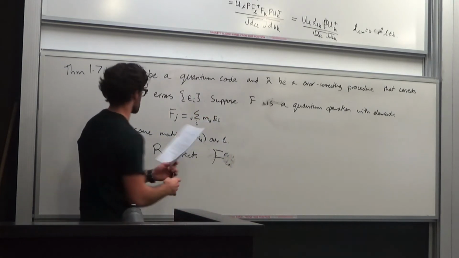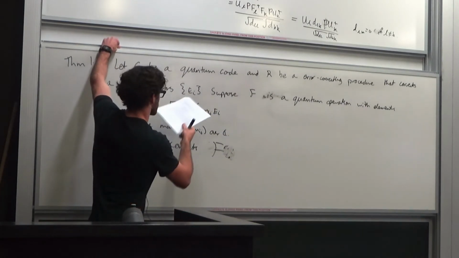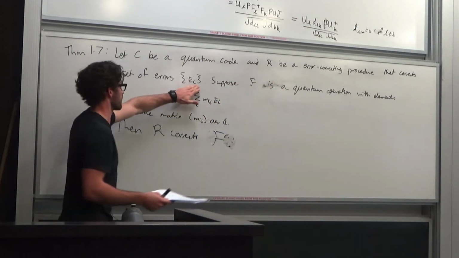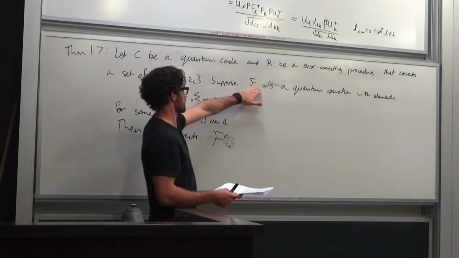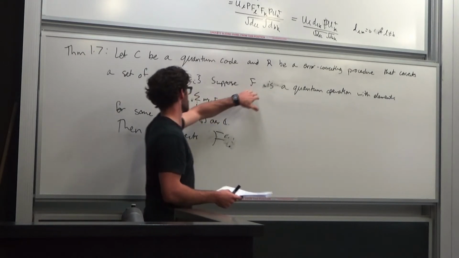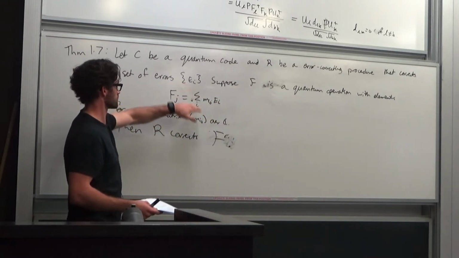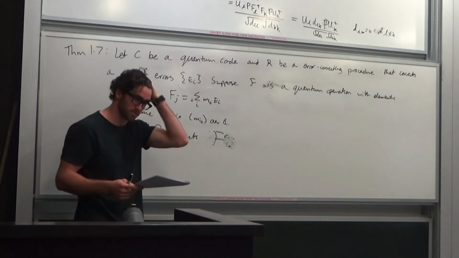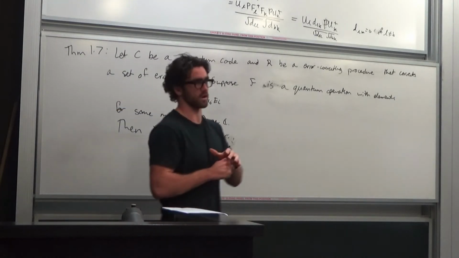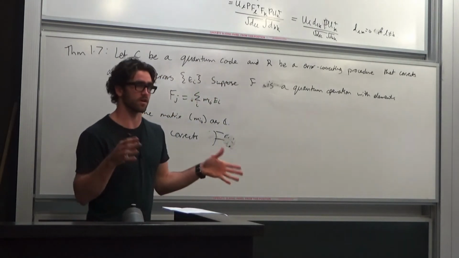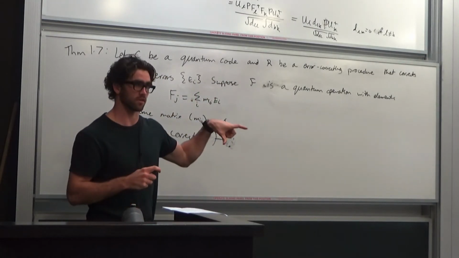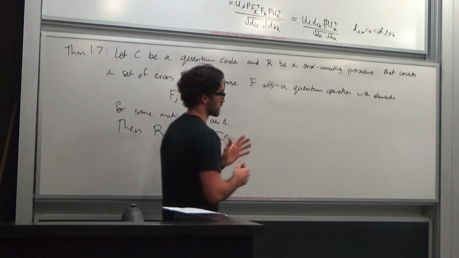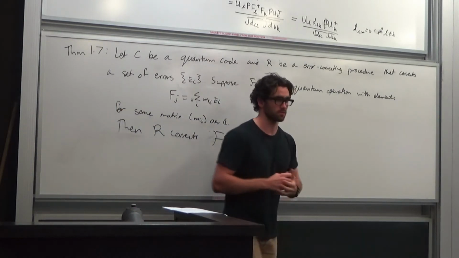So this theorem says that if we have a quantum error correcting code and we have this error correcting procedure that corrects this set of errors, then it also corrects this other quantum operation or error channel that is related to this set of errors by this matrix here. And this is a really important theorem because it allows us to correct for a continuum of errors via a discrete set of errors. So it's going to be really important later on because the errors in the quantum sense, yeah, it's a continuum.